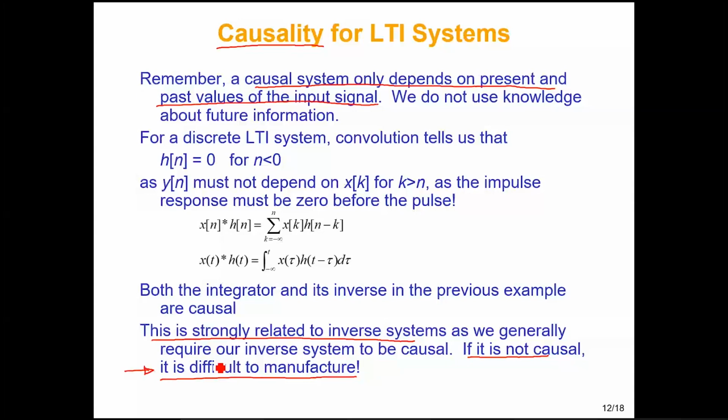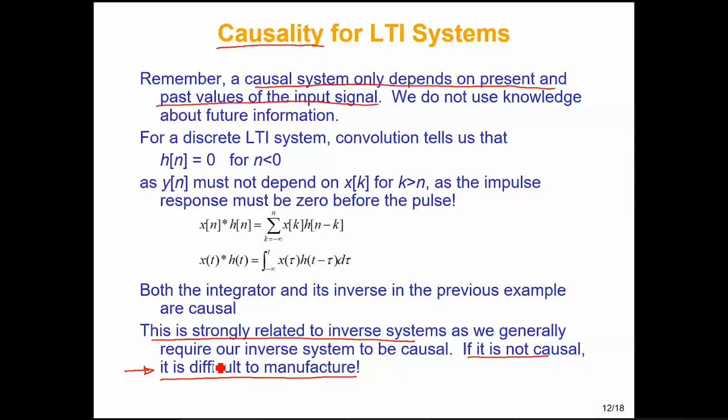So if you just patch up a physical circuit and see that it is giving you a particular output, and now you want to patch up an inverse system which will just undo the effect of the first system, then we can just take a piece of paper and find the impulse response of an inverse. Now, the impulse response of the inverse that we find, we want that also to be causal.